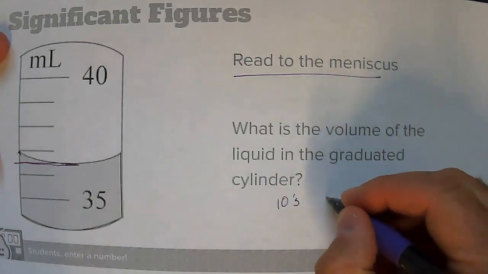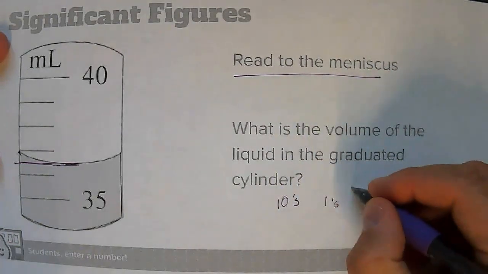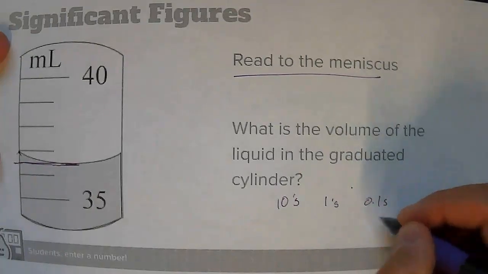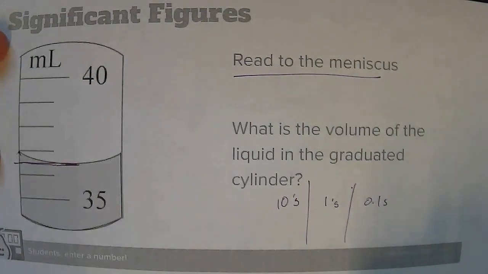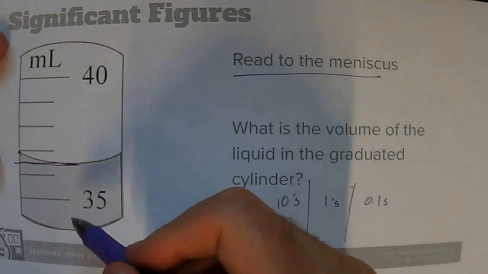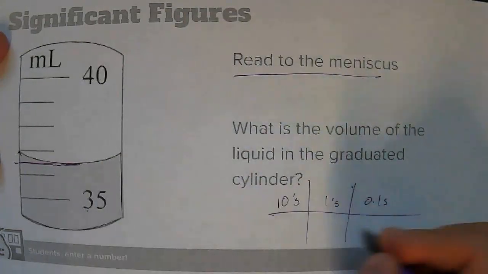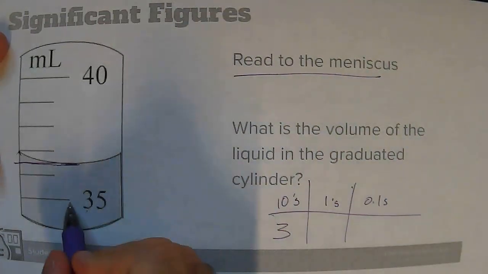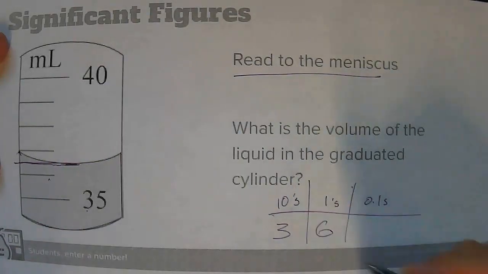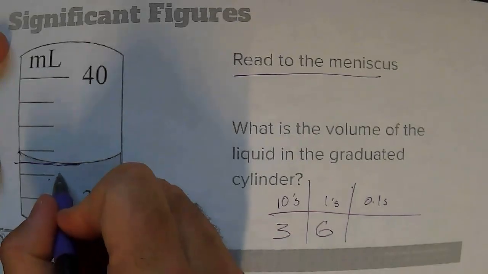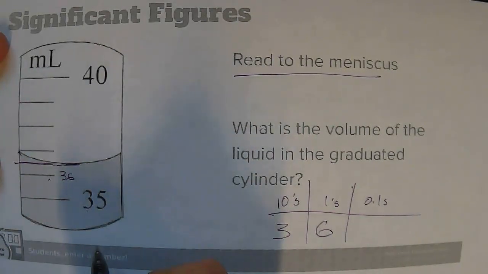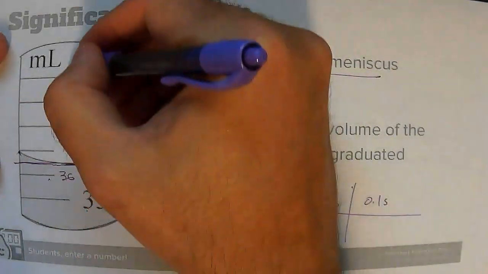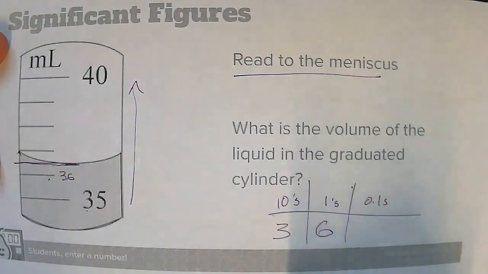If we're going to measure this, we'll do tens, ones, tenths. What's certain? Certain is we know that this is in the 30s. 30 what? 36. That's also certain, because this is the 36 line. Notice the scale in this case goes up.